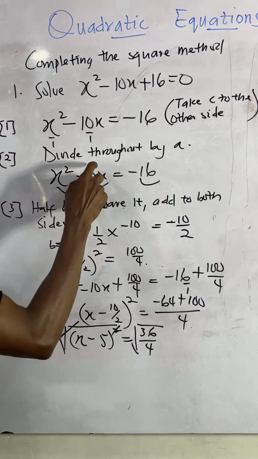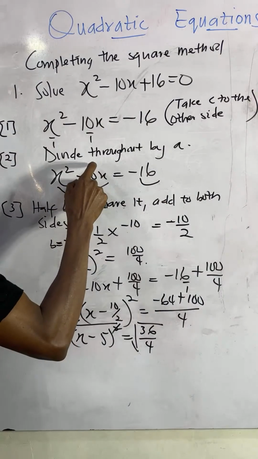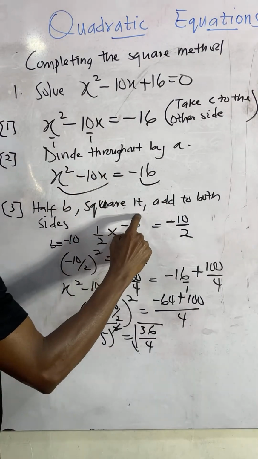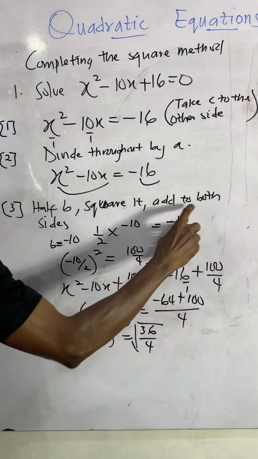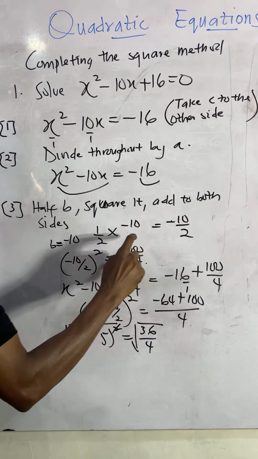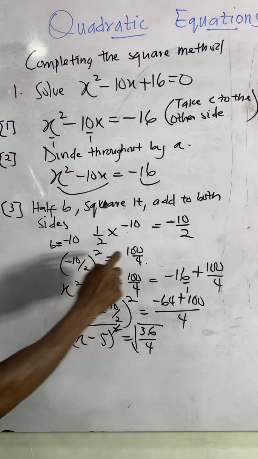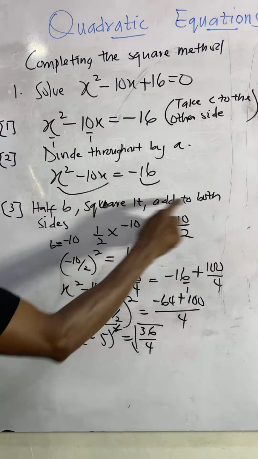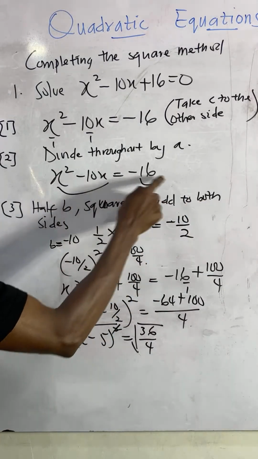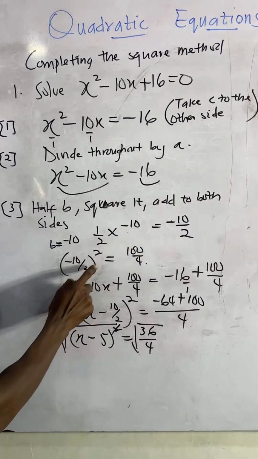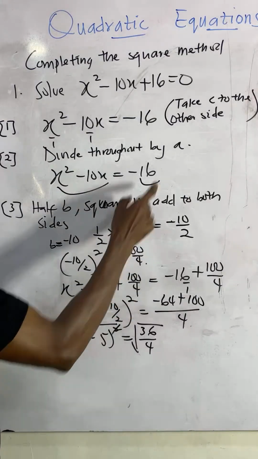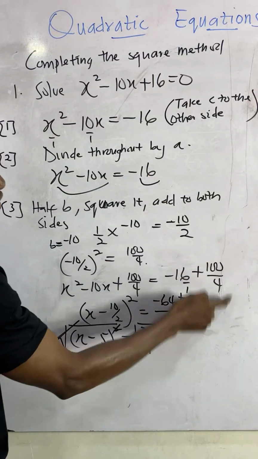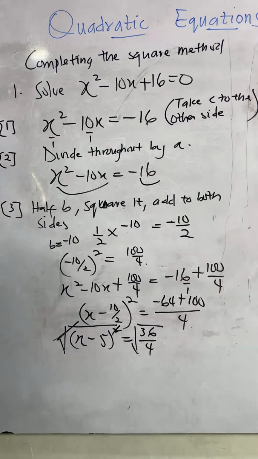Now, half b, whatever you have in b, half it. Just keep the answer like that. Then square that answer. That's how we got 100 over 4. Now add it to both sides as the instructions say. So you have x squared minus 10x plus 100 over 4 equal to this, minus 16 plus 100 over 4.